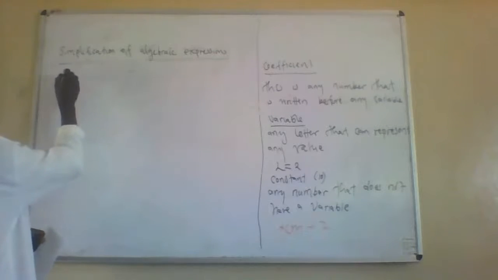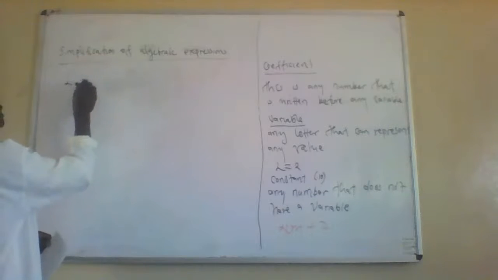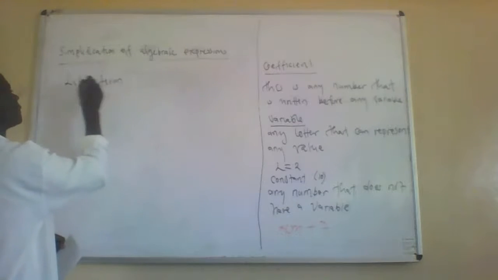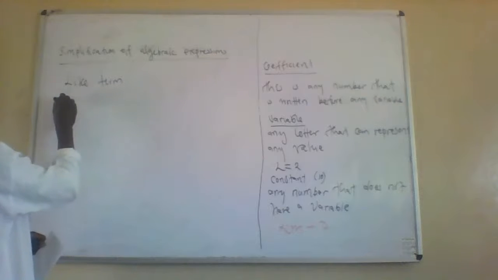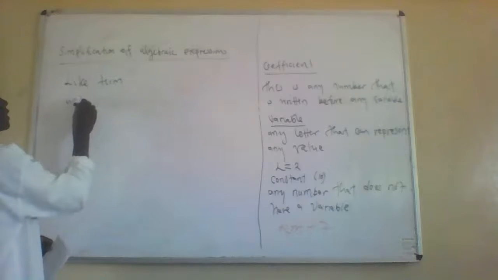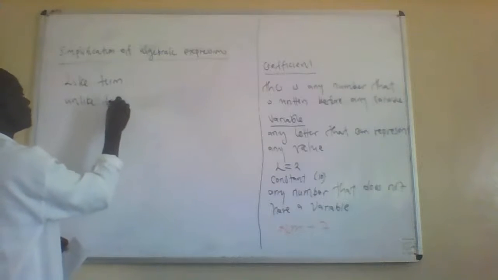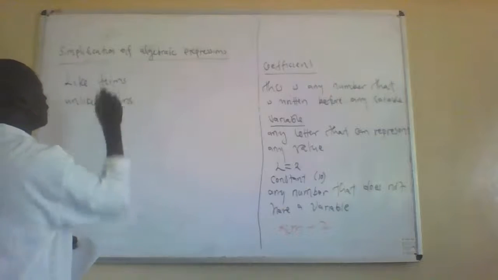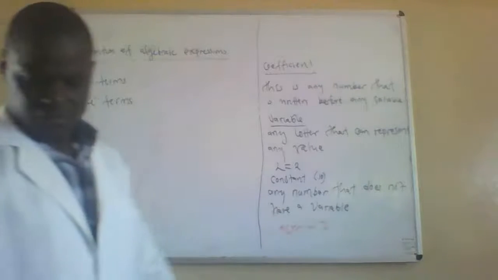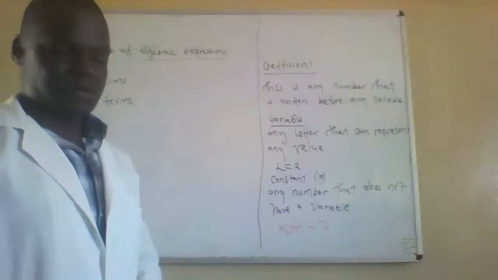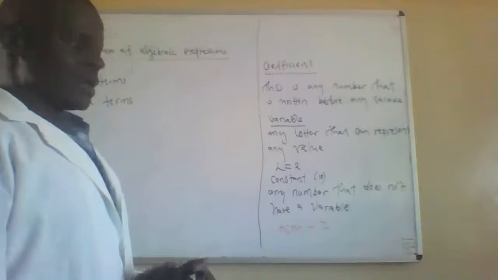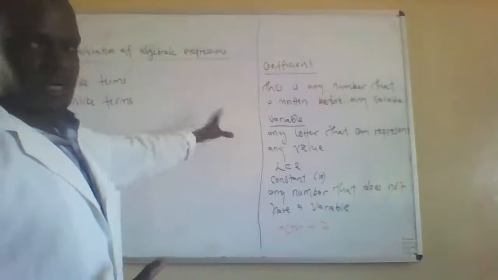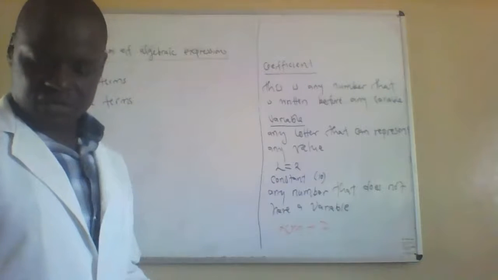The first thing is called like terms, as well as the unlike terms. Like terms and unlike terms, these are very important things that we need to understand, so that even as we do much of the algebraic expressions, at least we'll have somewhere to stand.